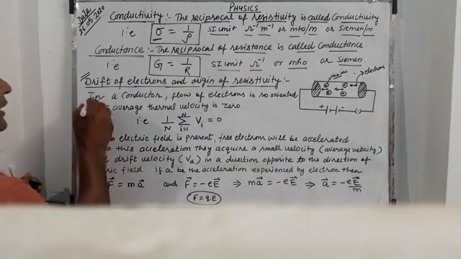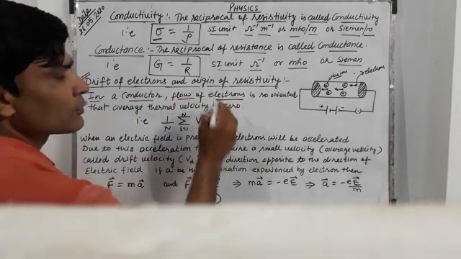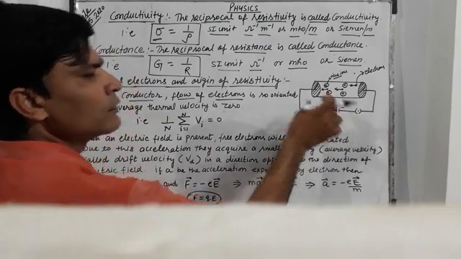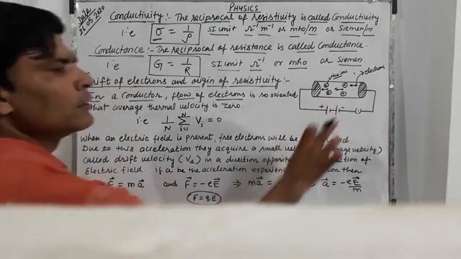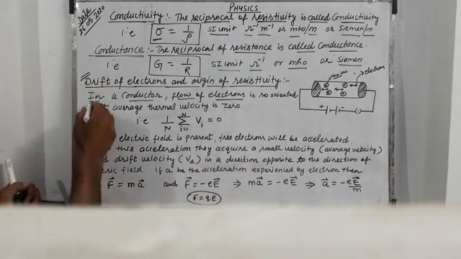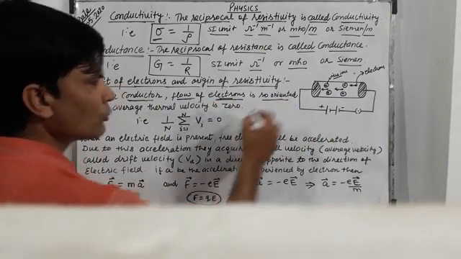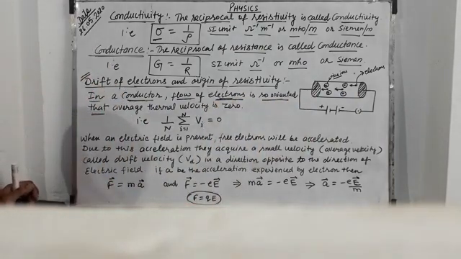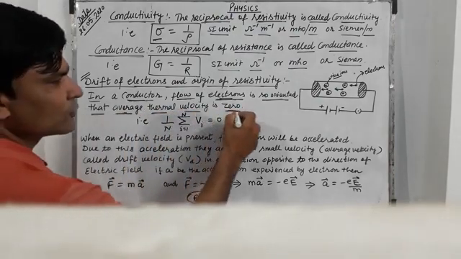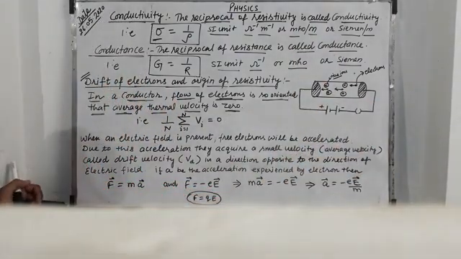In a conductor, the flow of electrons in the absence of any external source, any battery or any AC source, is so oriented that the average thermal velocity is zero, meaning when the switch is not closed.